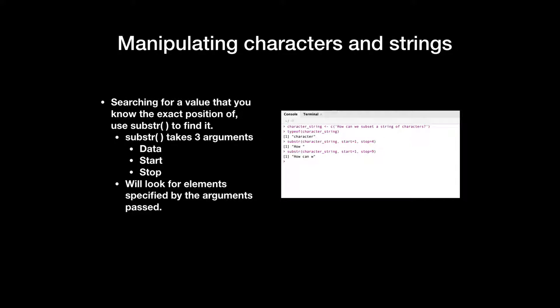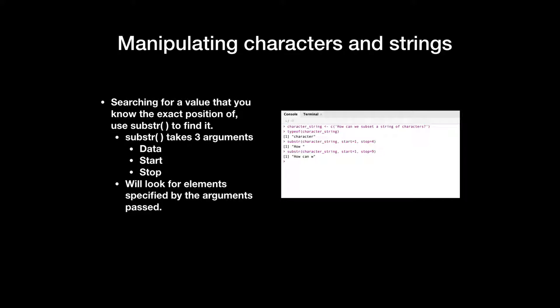One of the things we want to be able to do within data science is manipulating the characters in the strings. So for searching for a value that you know the exact position of, we can use the function substring, open and close parentheses, to find it. The substring function takes three arguments: your data source, the starting point, and the stopping point. So R will look for elements specified by the arguments passed. If we take a look on the right, we have a variable with a character string that contains the sentence, how can we subset a string of characters?